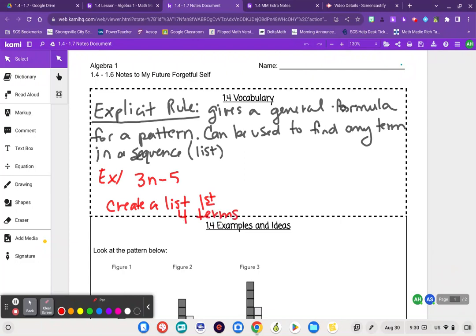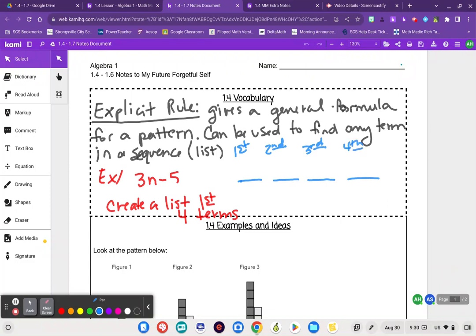What I like to do when I create my list is you can either use a table or I like to draw these lines. So a space for my first term, my second term, my third term, my fourth term. This would be my first number in my list, my second number, the third number, and the fourth number in my list.